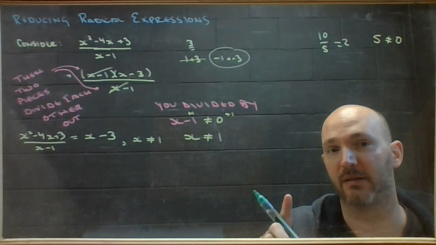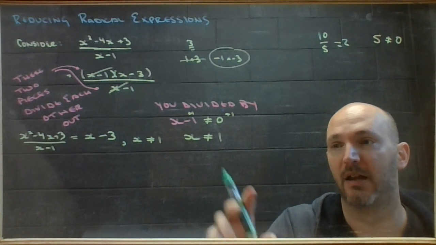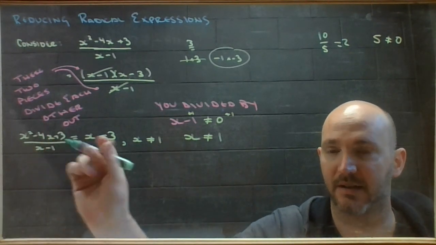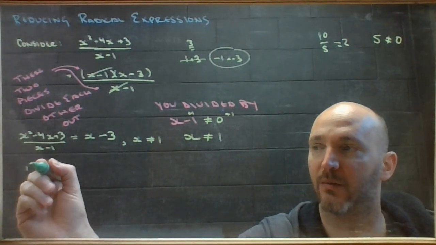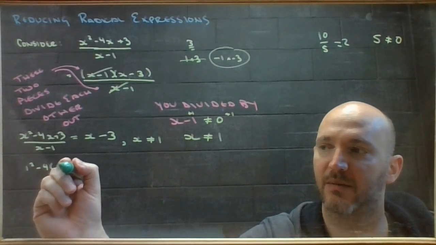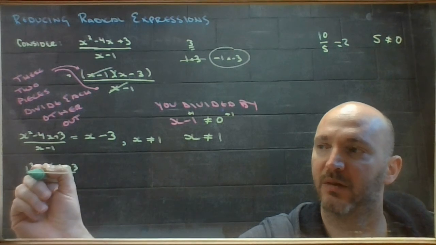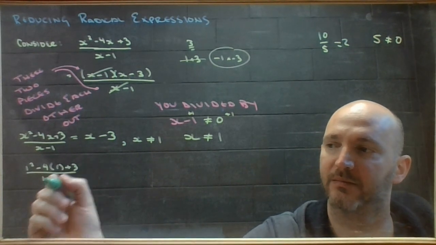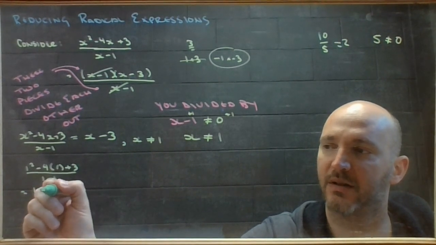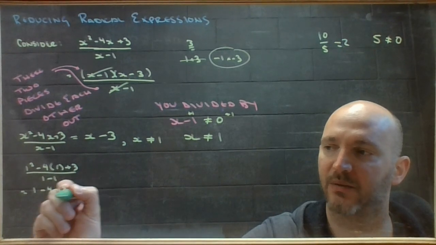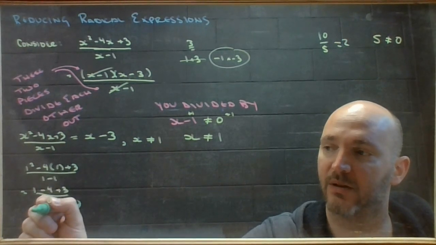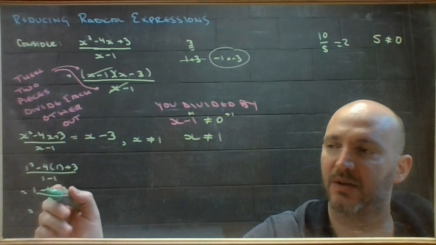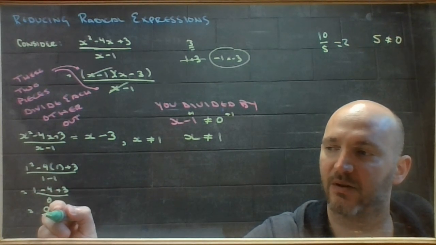And if you want to check that, I'm going to try putting 1 into this expression. So I get 1 squared minus 4 times 1 plus 3, over 1 minus 1. Gives me 1, subtract 4 plus 3 over 0. 1 plus 3 is 4, minus 4 is 0, divided by 0.